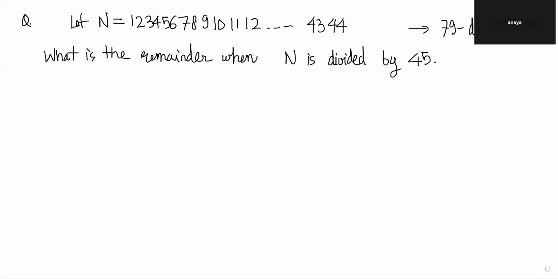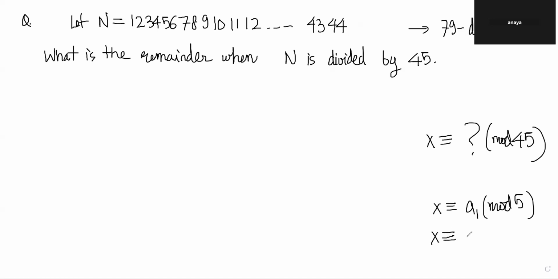See here, when you divide something by 45, basically they are asking you what x is congruent to mod 45. If we knew x is congruent to a1 mod 5 and x is congruent to a2 mod 9, a pair of co-prime divisors, then by Chinese remainder theorem we'll know the answer.